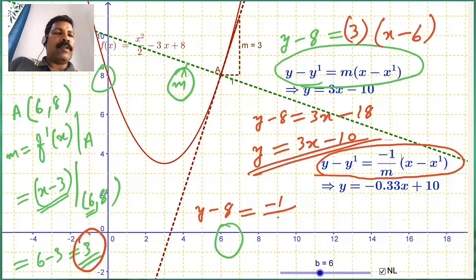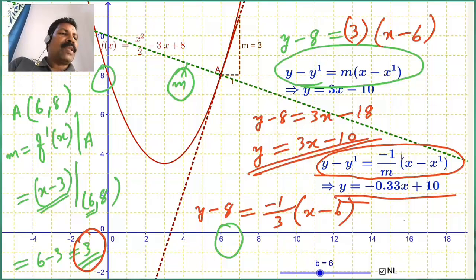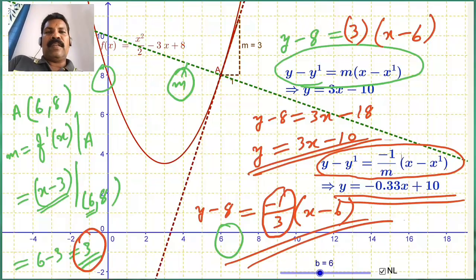M we already computed as 3, into x minus 6. That can be simplified as y minus 8 equals -0.333, which means you can write -1 by 3, no problem, into x minus 6. So you can simplify it to get the equation of the normal.